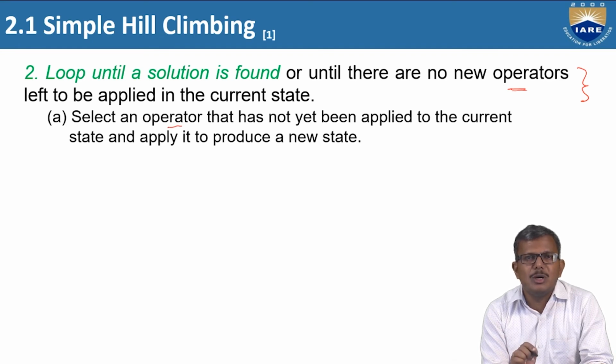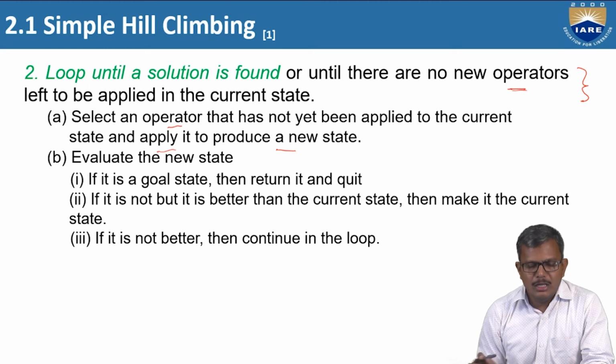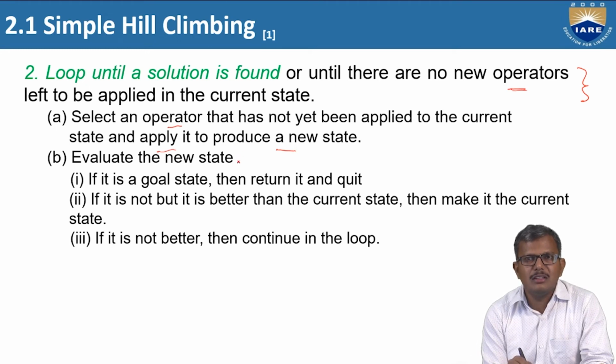So you have to select the operator which is not applied in the previous states. You select that one and you apply it. Whenever you apply that operator, a new state is going to be produced. Once that is done, that means we have evaluated the new state.